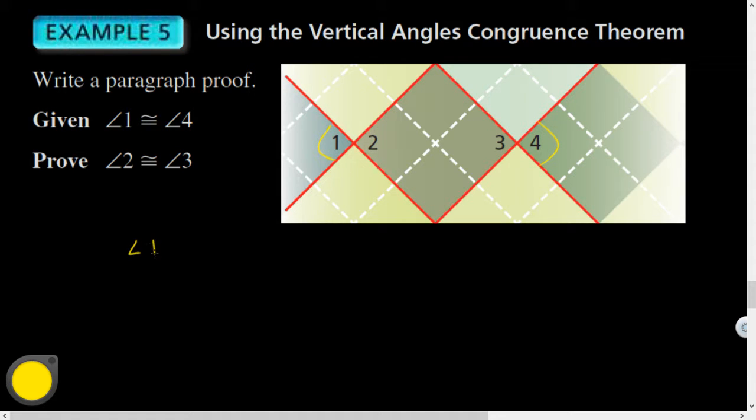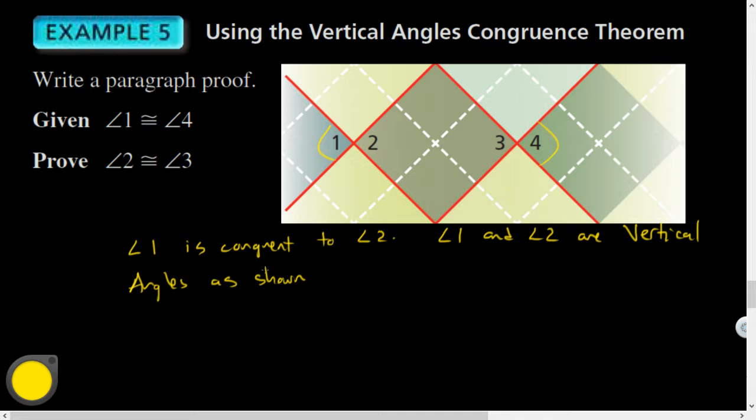All right, I'm going to say angle 1 is congruent to angle 2. At least I can use some of my math notation here. Let's see, I'm going to say angle 1 and angle 2 are vertical angles, as shown, as well as angle 3 and angle 4. Man, I can't even write words.